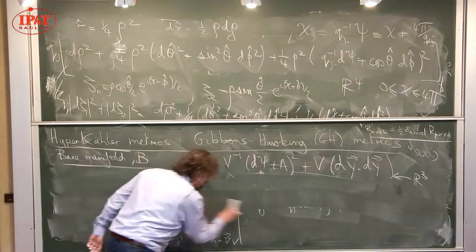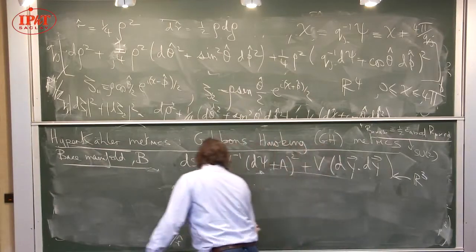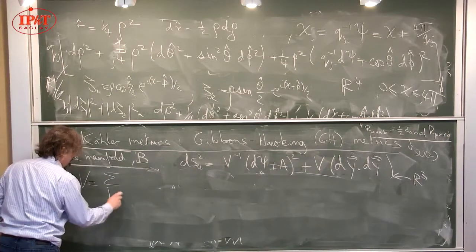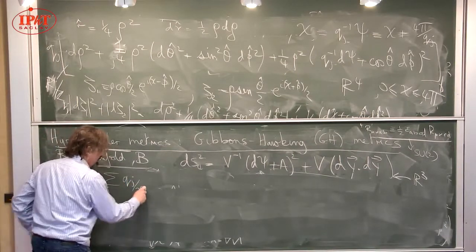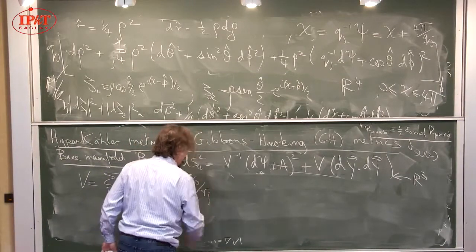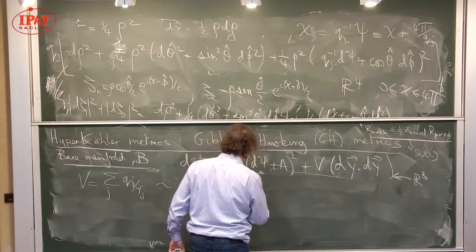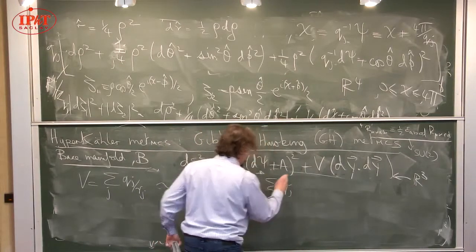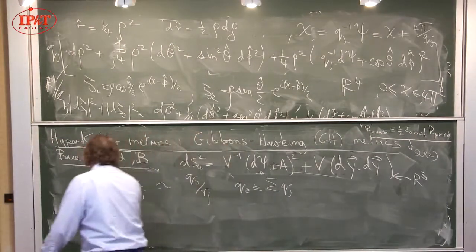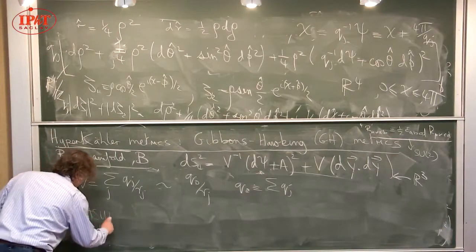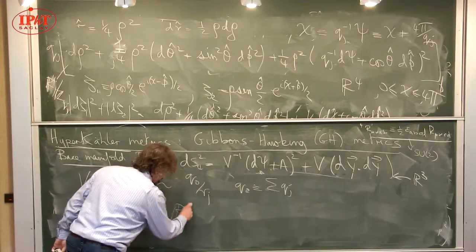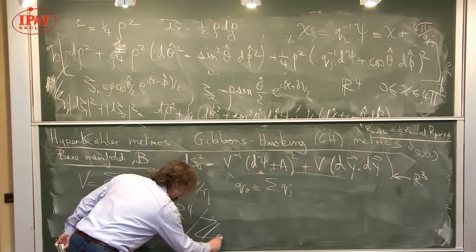Now, another factoid about this thing is the asymptotics. I chose the asymptotics the way I did for a good reason. V, remember, is the sum over j of qj over rj, and as r goes to infinity, this goes like q naught over r, where q naught is the sum of all the qj's. And so therefore it's asymptotically flat, or asymptotic to, not R4, but asymptotic to R4 modded out by Zq0.